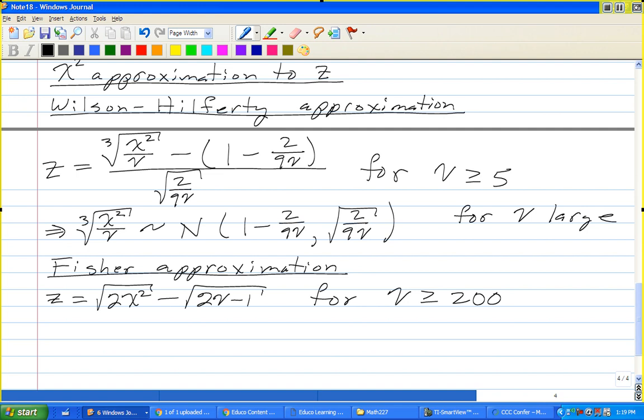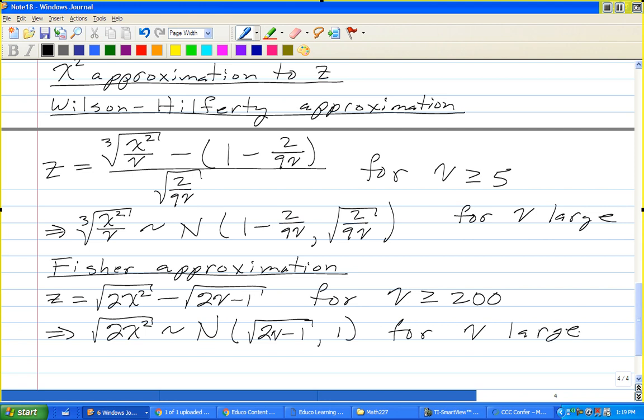So this says that radical 2 chi squared is approximately normally distributed with mean of radical 2 nu minus 1 and standard deviation of 1. And this is true for large degrees of freedom, in which case pretty large, at least 200, if not much more, in order for this approximation to be anywhere in the realm of reality.